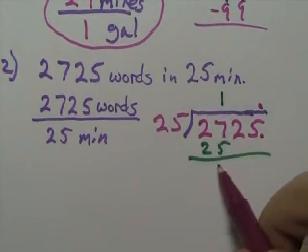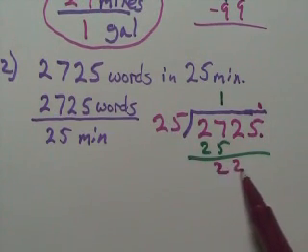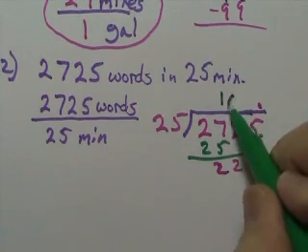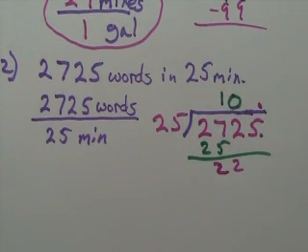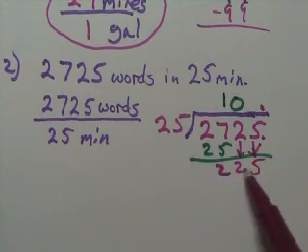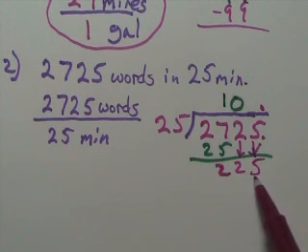That leaves me with 2 left over. Bring down the 2. Does 25 go into 22? No, it doesn't. So that's a 0. So I'll bring down the 5. How many times does 25 go into 225? How many quarters in $2.25?